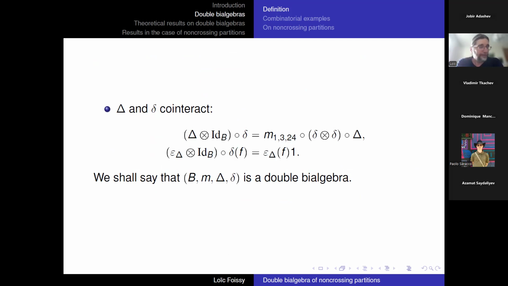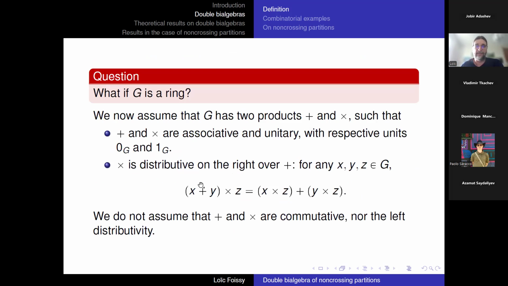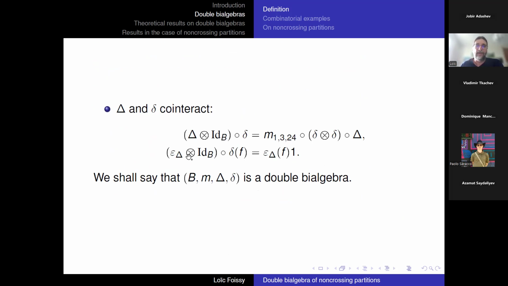You want to translate the fact that the multiplication is right distributive on the addition, and what you obtain is exactly this relation. So this is exactly the translation of this. So what does it mean? You cut an element into three parts.